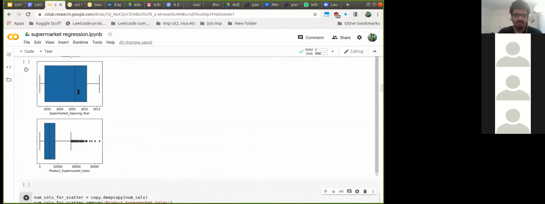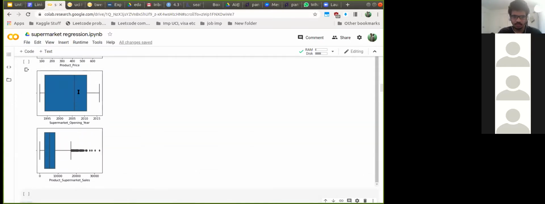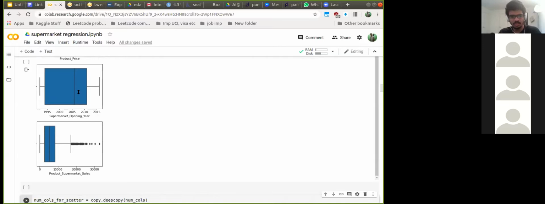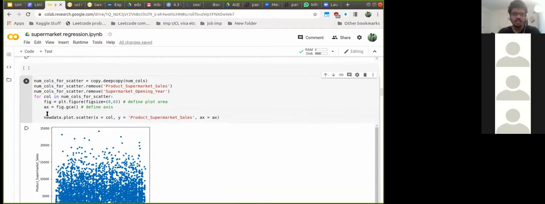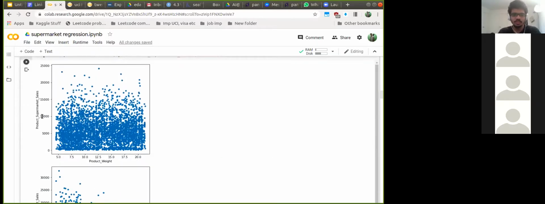This was one way to represent the numerical features. Another way is to plot the numerical features versus the target output, and we can get a sense of how the feature is influencing the target output.